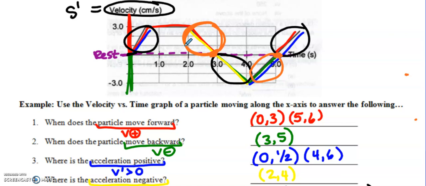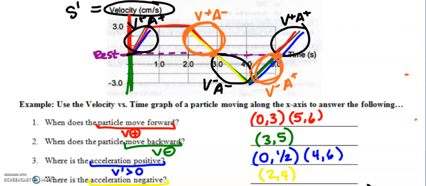However, acceleration is negative because I'm above the x-axis but with a negative slope. This one down here from 4 to 5, I am physically below the x-axis. So v of t is negative, but I'm going toward the x-axis, I'm increasing, so a of t is positive. So here, v is positive, but a is negative. Here, v is negative, but a is positive. Whereas when we had the speeding up intervals, we had v is positive and a is positive, v is negative and a is negative, v is positive and a is positive. So they were in agreement with each other.